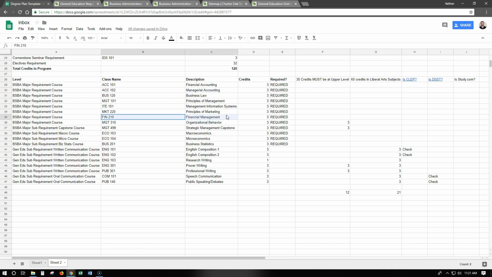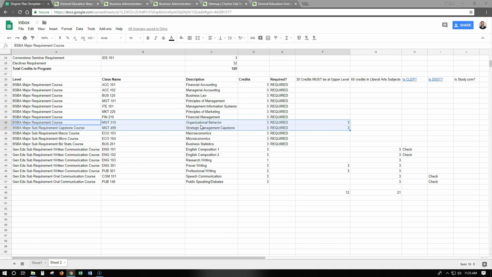And in financial management, you take a step further in learning how to deal with the stuff that you talked about in financial accounting and the principles you learned in managerial accounting. In financial management, you actually learn to sort of oversee and make decisions about those things. So this is a good version of the progression of that type of thing, but what they mean by upper level courses are 300 and 400 level courses.